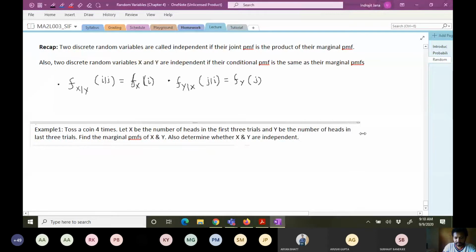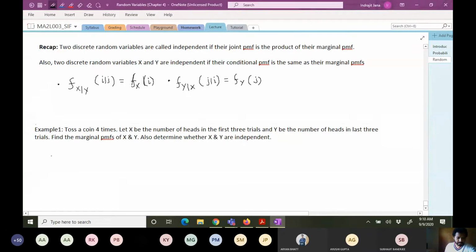So let's draw a scheme. What is happening here? When you toss a coin 4 times, there are 4 slots for outcomes.